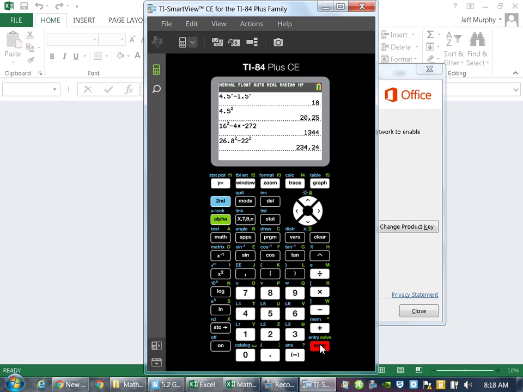All you have to do is hit your second square root like you would normally. My answer button's in a different spot than yours, but your answer, I believe, is on the negative symbol. You hit second, and then you just hit enter. And it automatically takes the square root of the last thing you had up. It's a lot easier to do that a lot of times instead of trying to rewrite and retype.